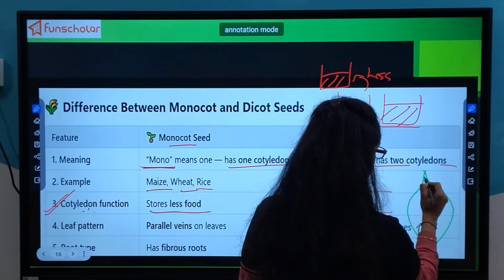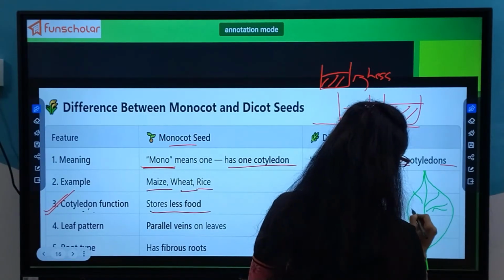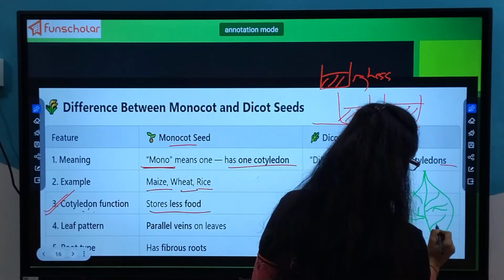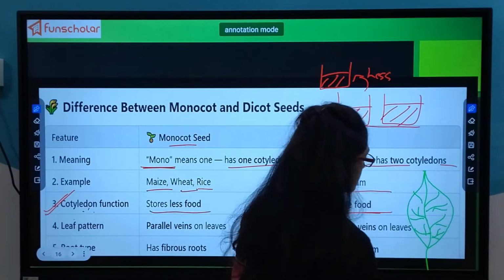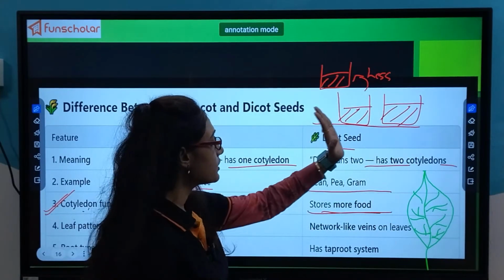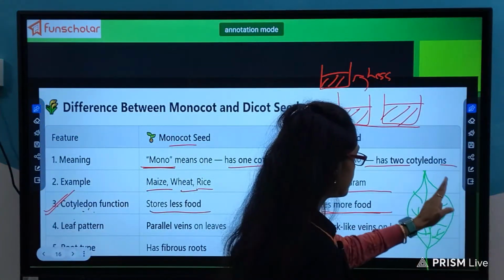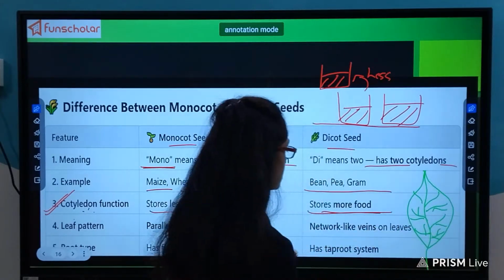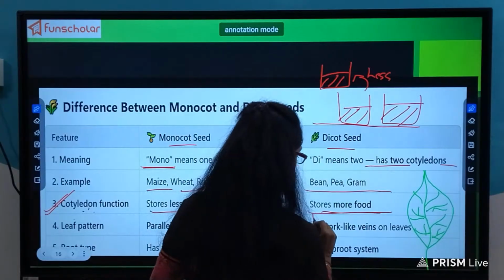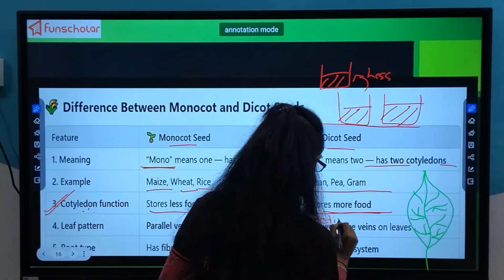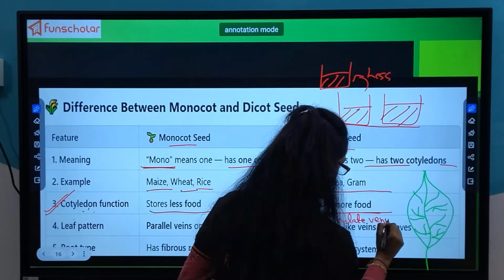You have seen it to have this kind of veins within it. It forms a branching or network like structure in case of dicot plants. So this type of venation in the leaf is known as network like venation, or the other name is reticulate venation.